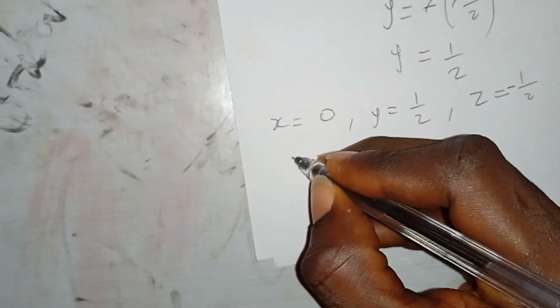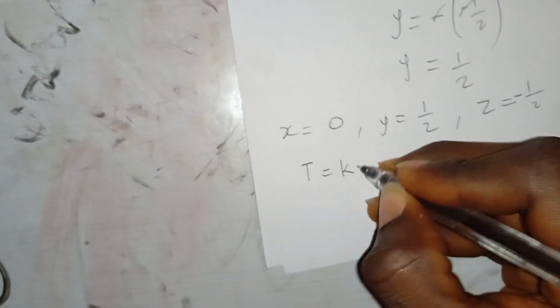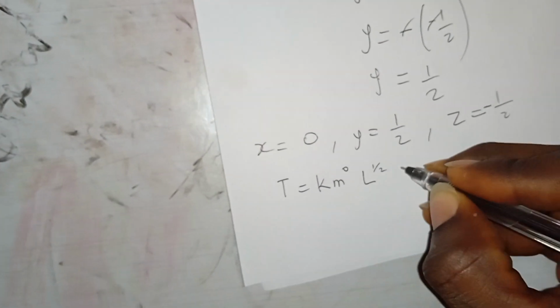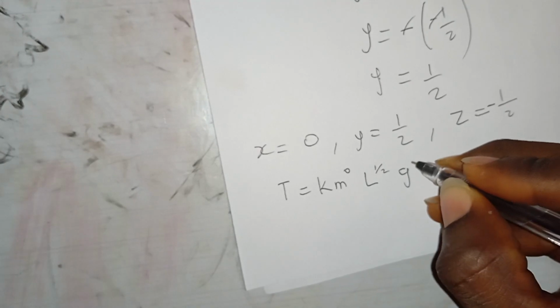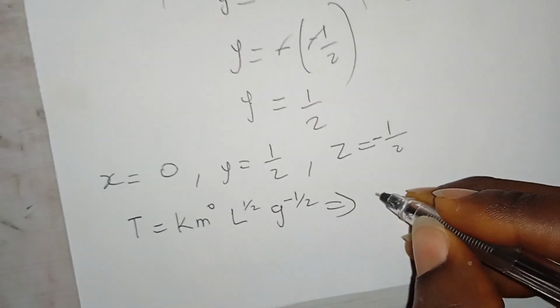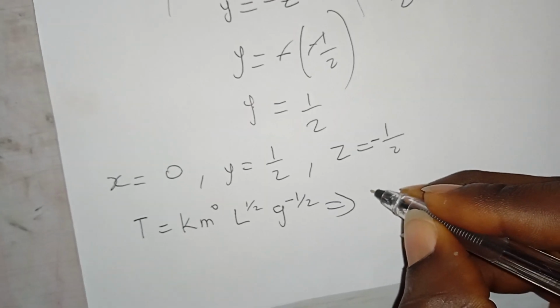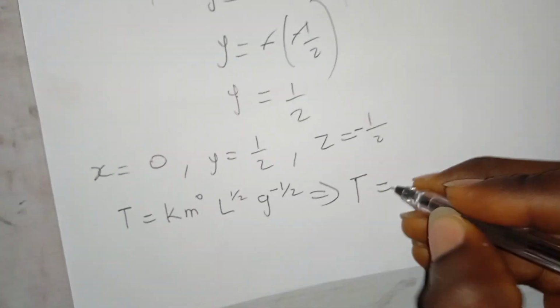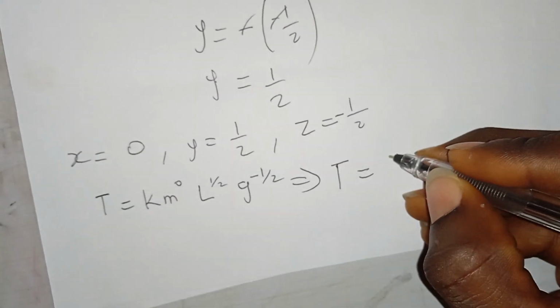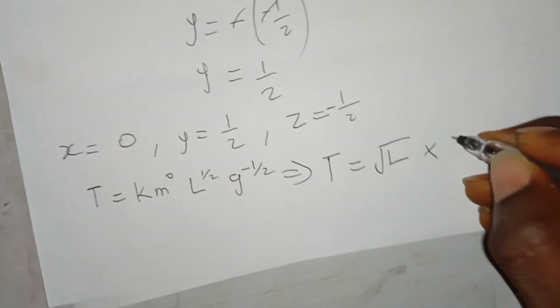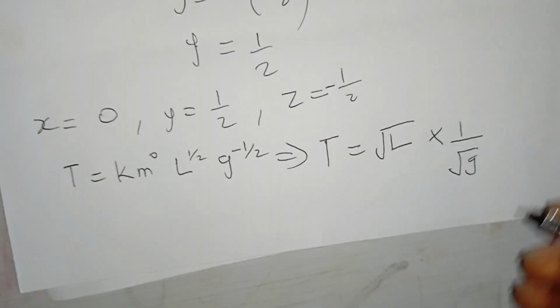So this now becomes T equals k m^0 l^(1/2) g^(-1/2). And this is the same thing as saying k is 1, a dimensionless constant, times 1, since m raised to power 0 is 1. So this is T equals root l times 1 over root g.